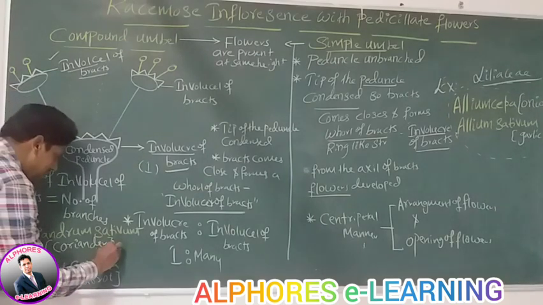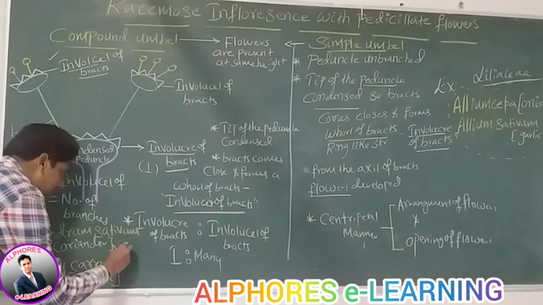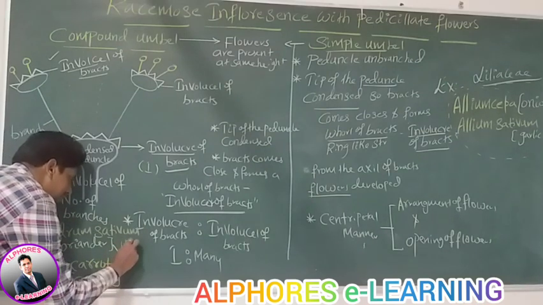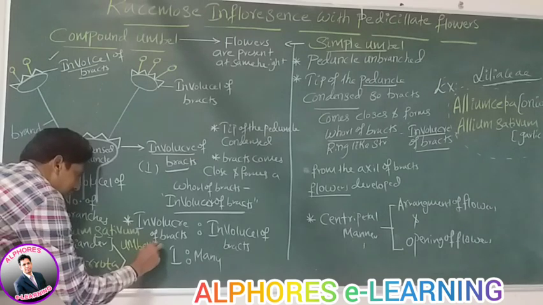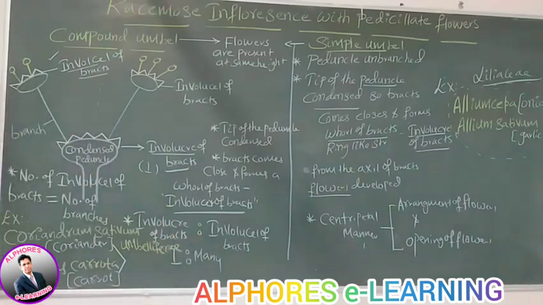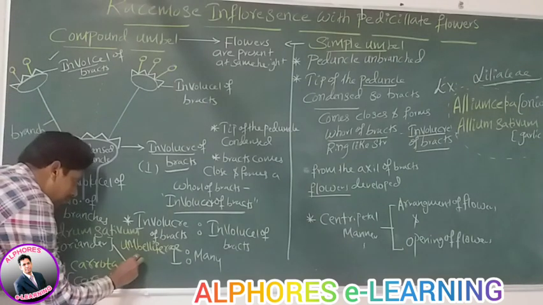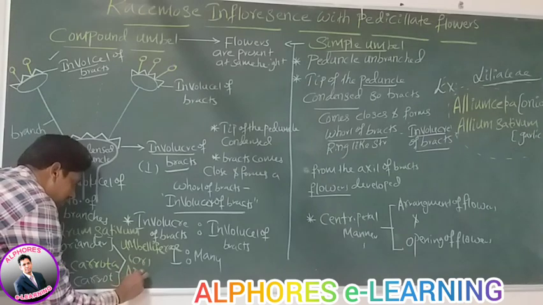These two, coriander and carrot, belong to which family? Umbelliferae family, spelled F-E-R-A-E. This Umbelliferae family is also called which family?